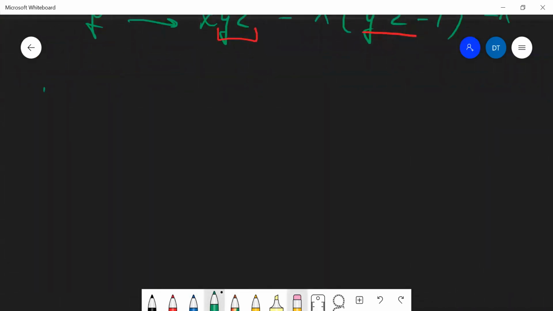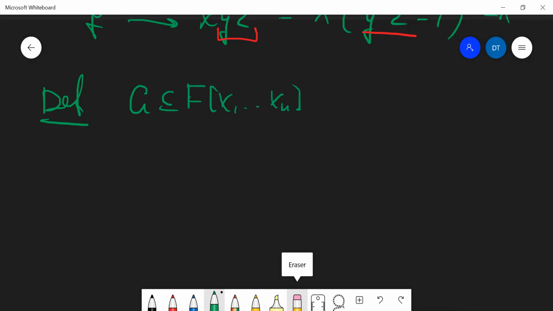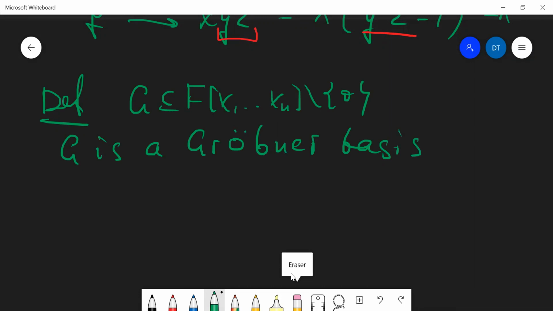The definition. Again, we have a set G of non-zero polynomials. We say that G is a Gröbner basis. It's written like this because it's a German surname.